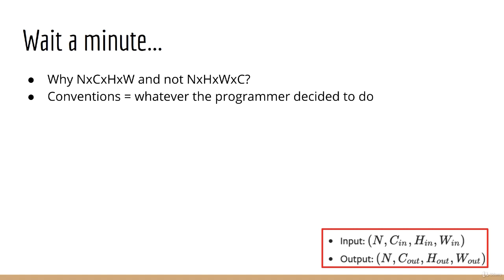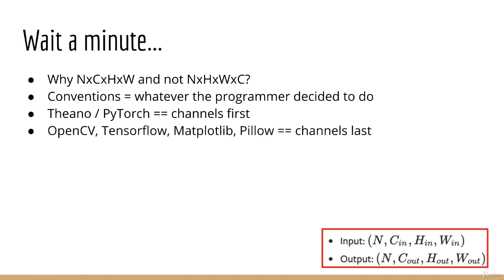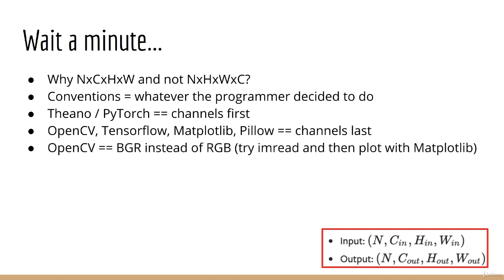It turns out that some developers decided to put the color channel first, while other developers decided to put the color channel last. In our case, libraries such as Theano and PyTorch decided to put the color channel first. Libraries like OpenCV, TensorFlow, Matplotlib, and Pillow use the convention that the color channel comes last. Although OpenCV does other weird things like using the BGR color ordering instead of RGB.